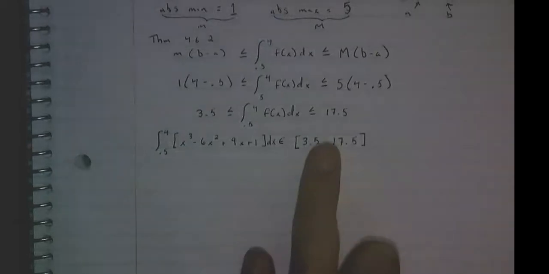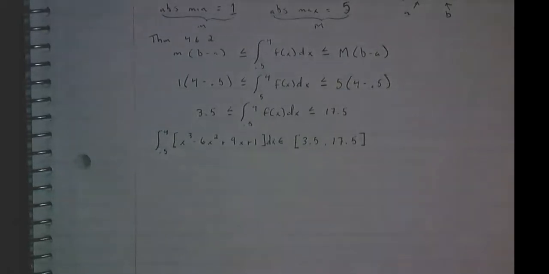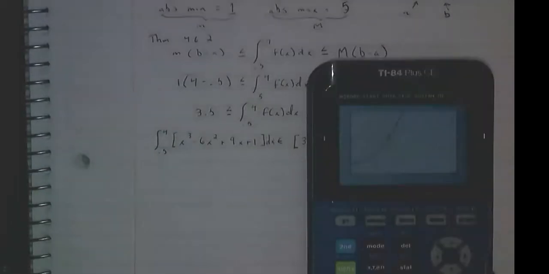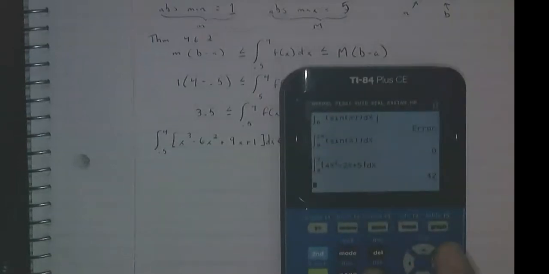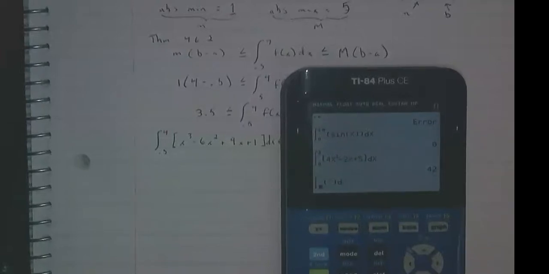And if you're kind of like, I don't believe you, Mr. Smith, well, we've got technology that can sort of back us up a little bit. We can check the numerical integral of that function and just cross our fingers and hope that it's a number between 3.5 and 17.5 and have some faith in the process. So quit. Math 9 brings up the numerical integral.